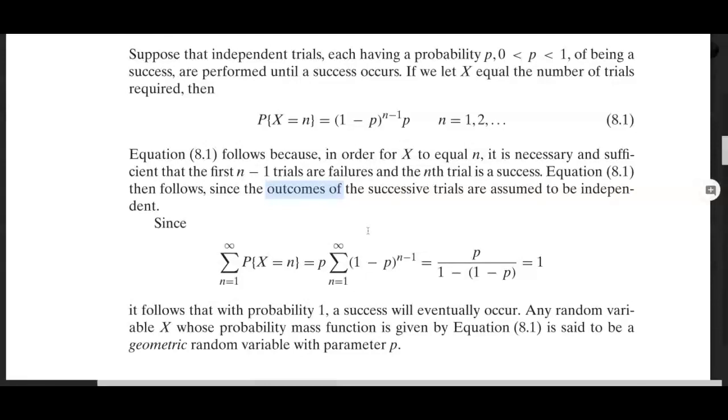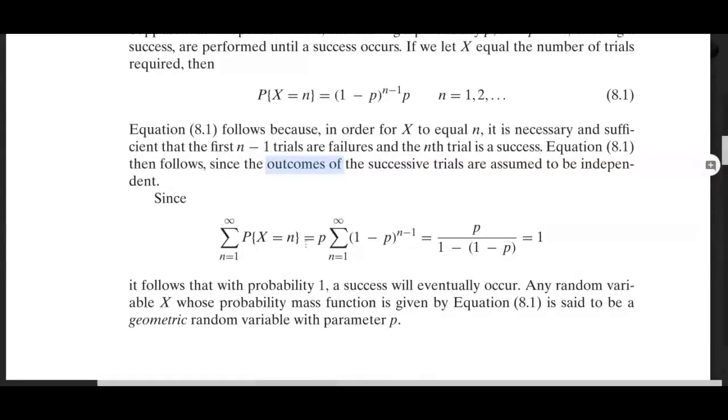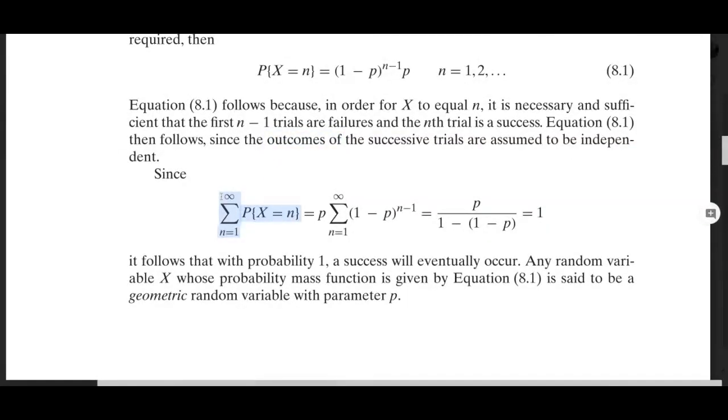Since the outcomes of successive trials are assumed to be independent, we can calculate this with, who knows, infinitely many trials. So n goes from 1 up to infinity, and the probabilities of success at the nth trial add up.